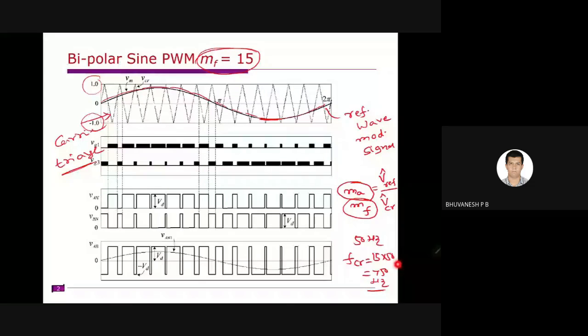That means with MA equal to 0.8, the output is 0.8 times what you will get with MA equal to 1. Similarly, this MF, we will discuss in the next slide. So what is the purpose of this MF? Clear?